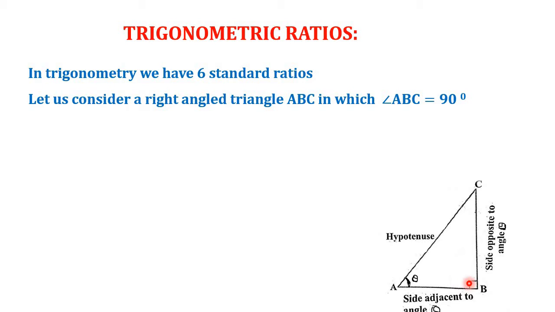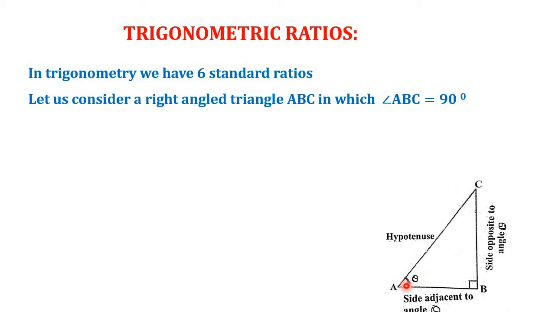In a right angle triangle, the side which is opposite to the angle 90 degrees is called the hypotenuse.